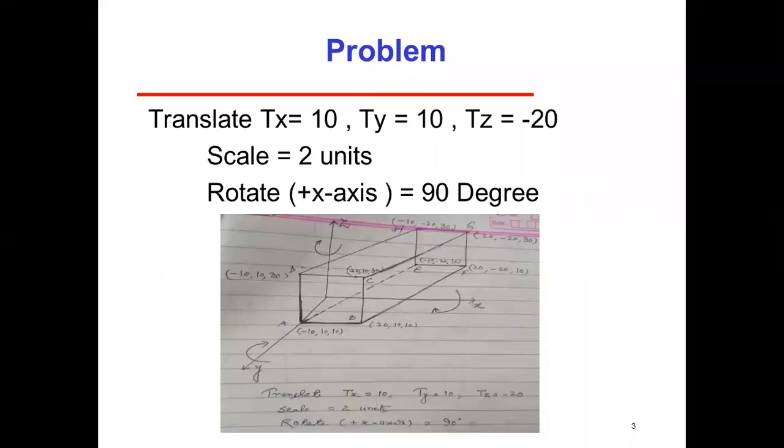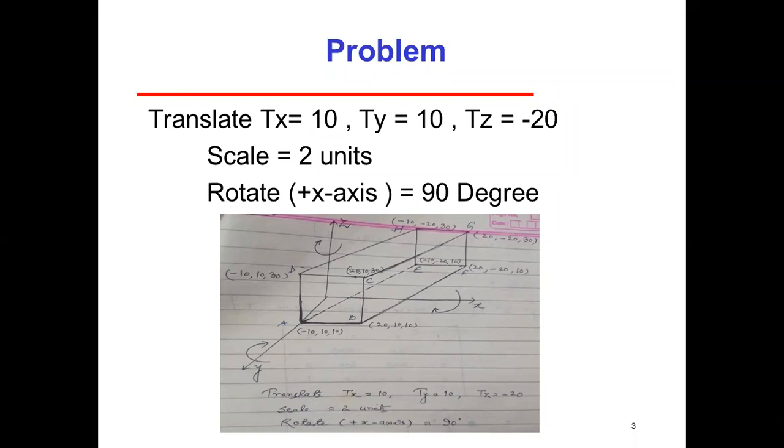Another problem for you is: translate Tx is equal to 10, Ty is equal to 10 and Tz is equal to minus 20, and this is 3D based, and scaling unit is 2 units, rotate about the x-axis. So here it is already mentioned, because in case of the 3D we can rotate about the x-axis or y-axis or z-axis.